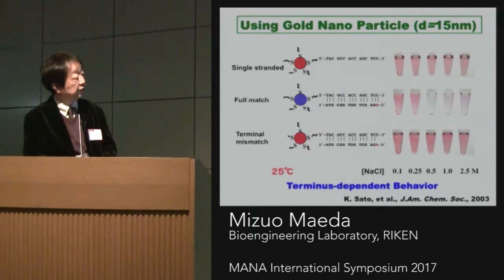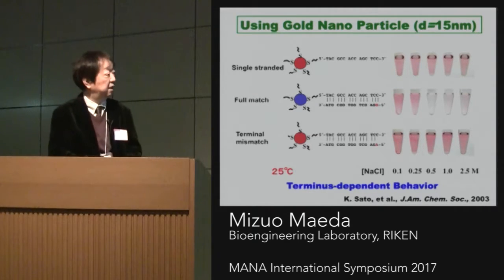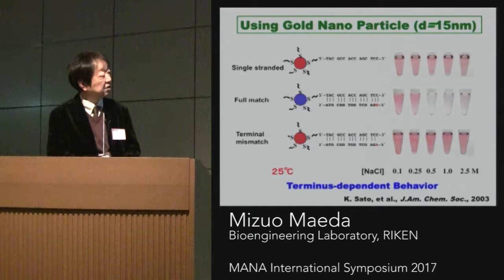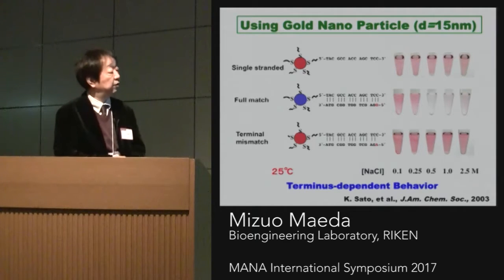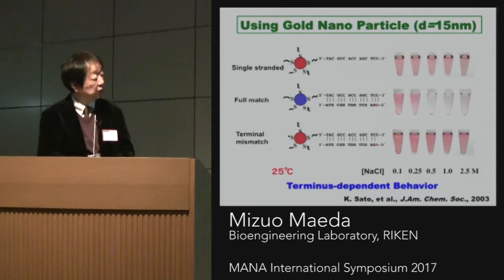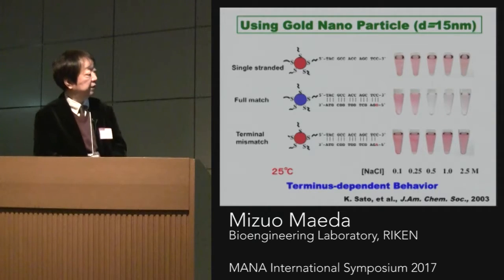Gold nanoparticle modified with single-stranded DNA gives a colloidal suspension like this, and the reddish color due to the monodispersed colloidal system was seen even at very high salt concentration of 2.5 molar sodium chloride.